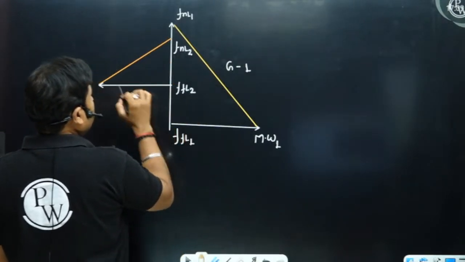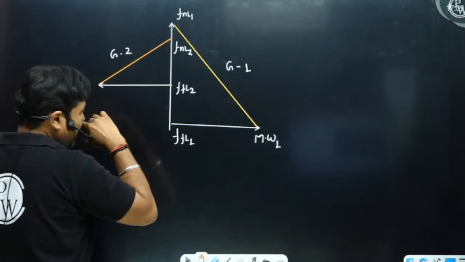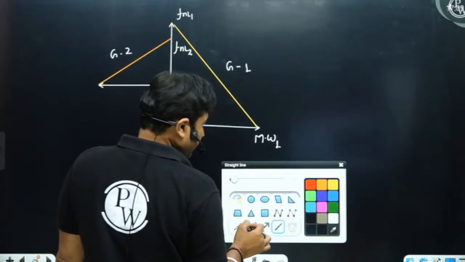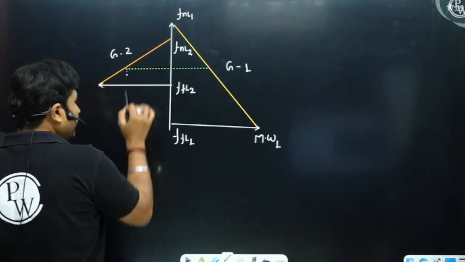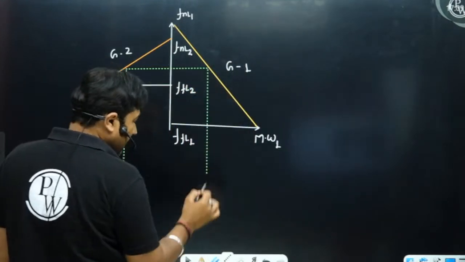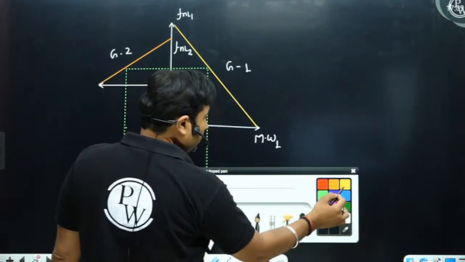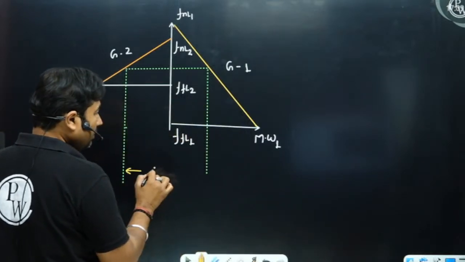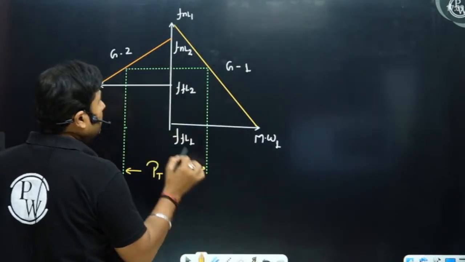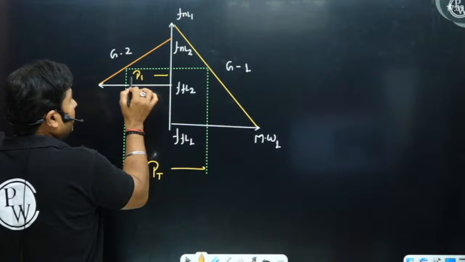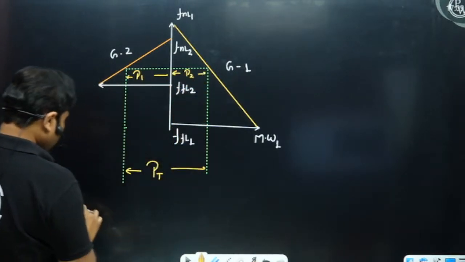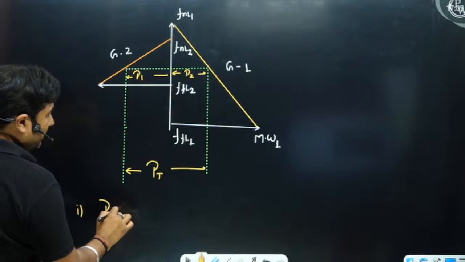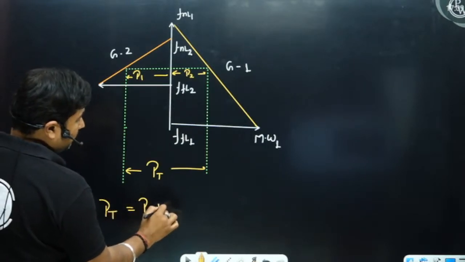Is it okay? Yes, sir. When these two generators are operating in parallel to feed some load, suppose the total load is PT, then generator 1 will deliver P1 load and generator 2 will deliver P2 load. So under such a condition, we have one relation: PT equals P1 plus P2.